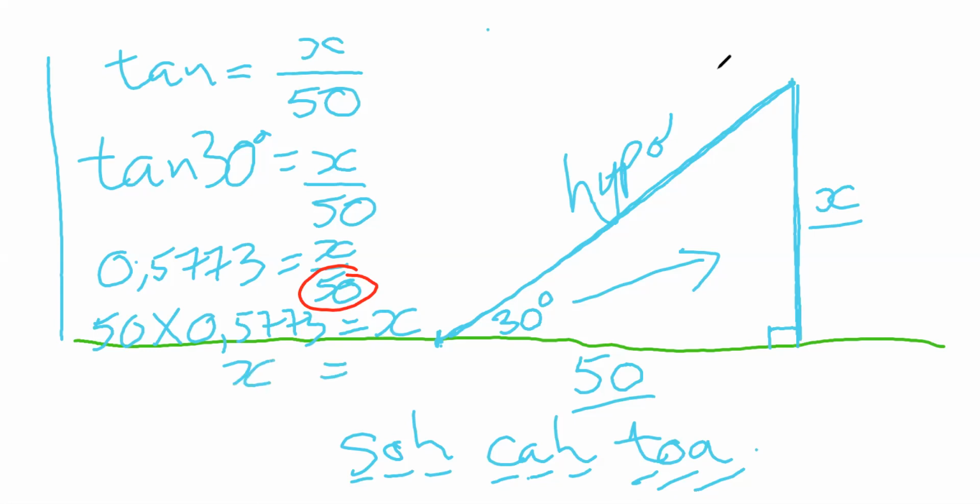X equals, in my calculator, 28,87 meters. There it is, 28,87 meters. We just worked out the height of the rugby poles on your rugby field.